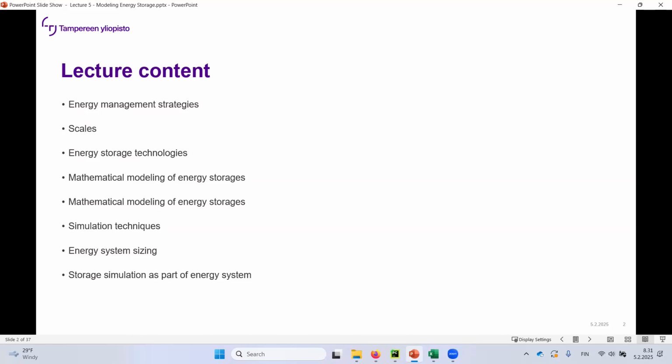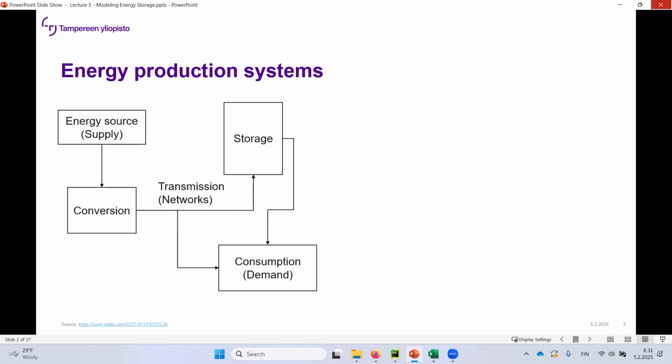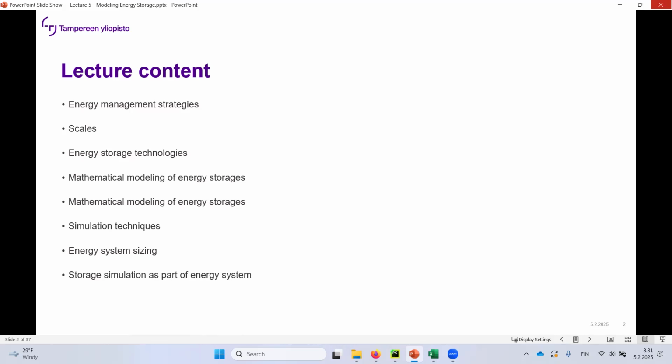This is a topic that could cover a wide variety of different issues, but I was thinking of talking just briefly about the energy management strategies, then about the scales, so you understand how much energy is available and how different technologies can be applied for those.